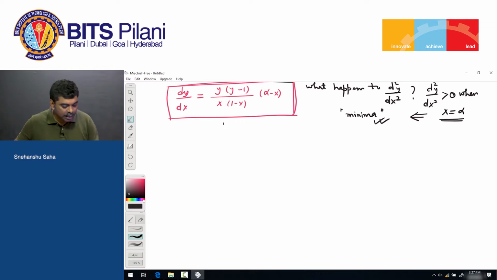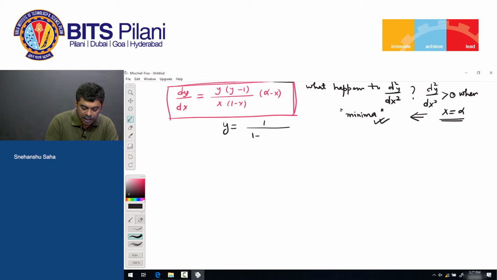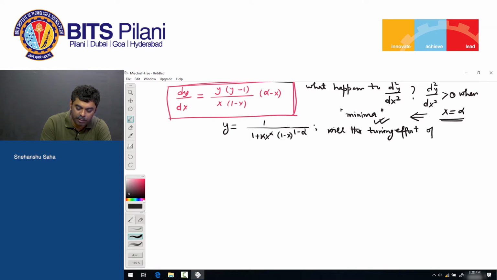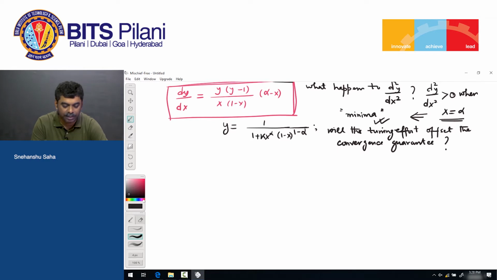I would also like to answer some of the other questions regarding parameter tuning. Remember, the activation function that we are claiming is this, where we do have to tune two parameters. So the question is, will the tuning effort offset the convergence guarantee?